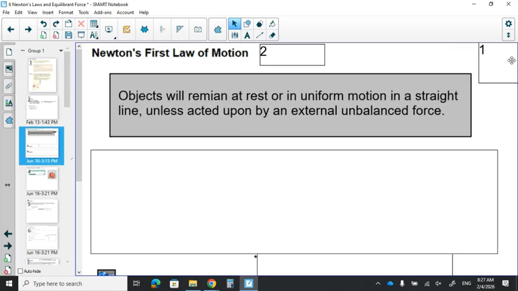Objects remain at rest or in uniform motion in a straight line unless acted on by an external unbalanced force. So really the buzzword for that one is that objects have inertia, right? That's a key concept to know about.